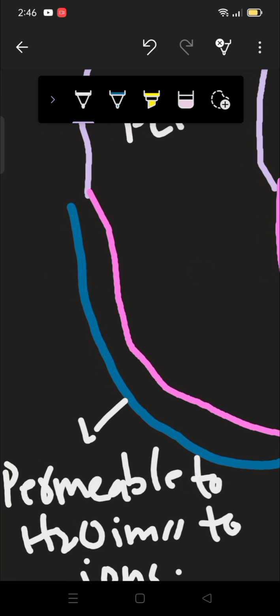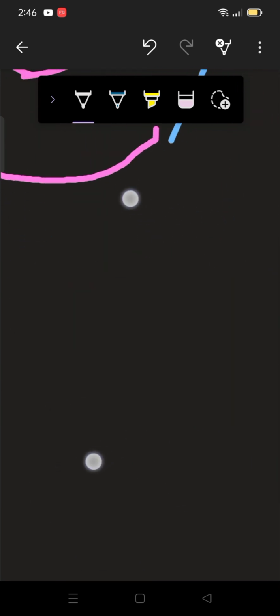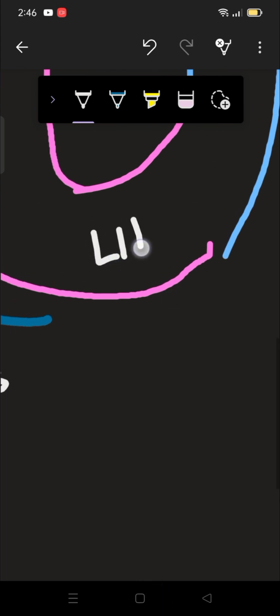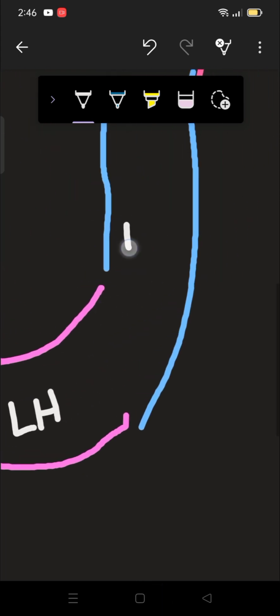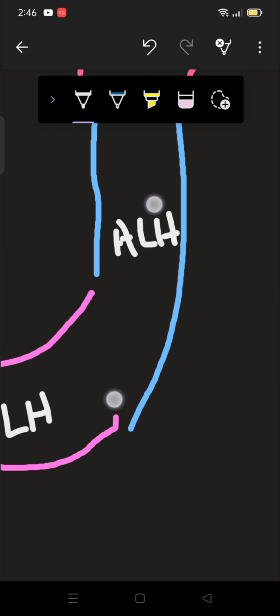This is DLH, which means descending loop of Henle. This is LH, meaning loop of Henle. This is ALH, which means ascending loop of Henle.